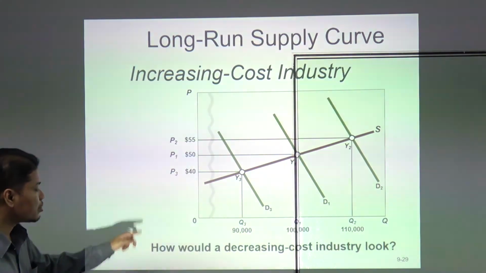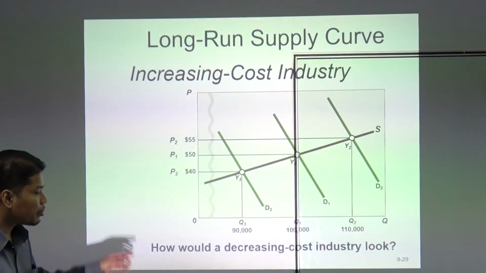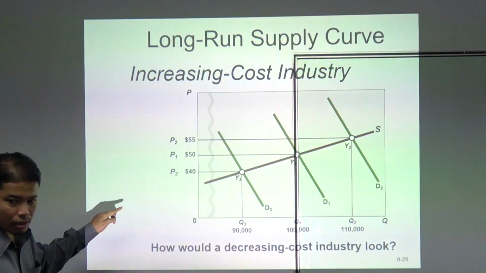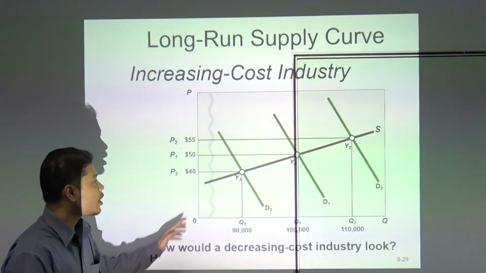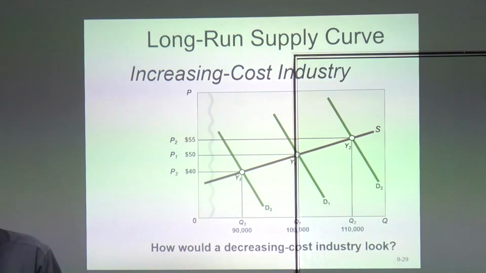If there are losses, then exit will eliminate all of those losses. It will also not return back to the original price of 50, but maybe 45. So you have an upward sloping long run supply curve representing an increasing cost industry.